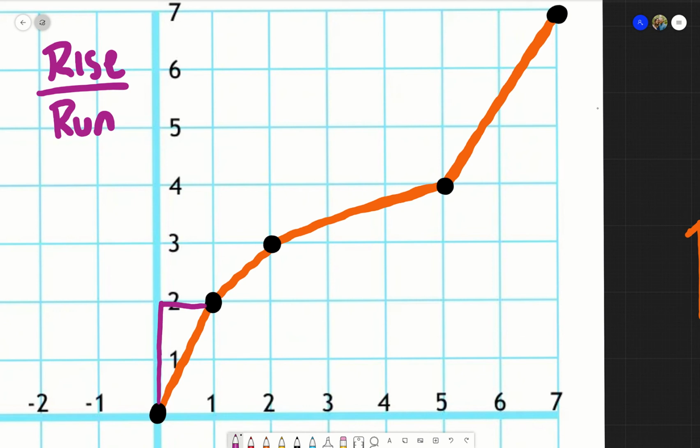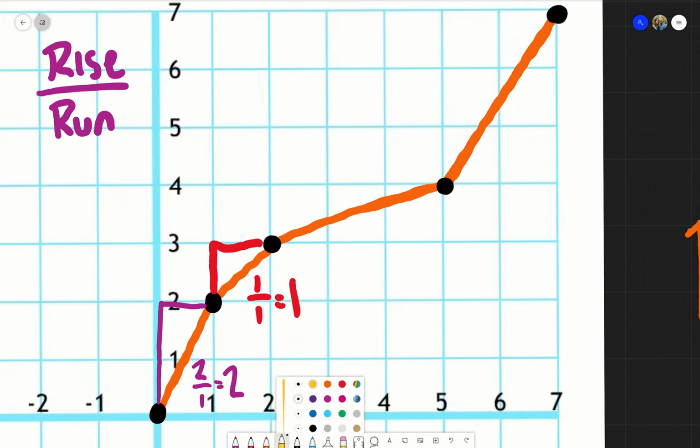So this is a slope of 2 over 1 or 2. For my second 2 points, I rise 1 over 1, which is a slope of 1. My third 2 points here, I go up 1, a rise of 1 over a run of 1, 2, 3, a slope of 1/3.